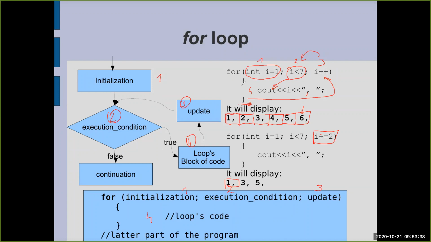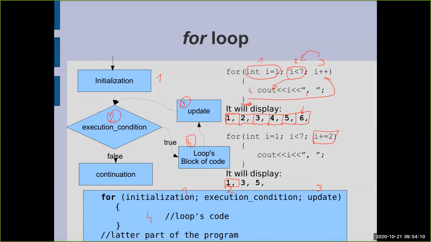But usually in initialization, we create something which is called a counter, the variable which counts the number of repetitions. But if you want, you can define a counter which is not int, but can be float or character. So it depends on purpose.